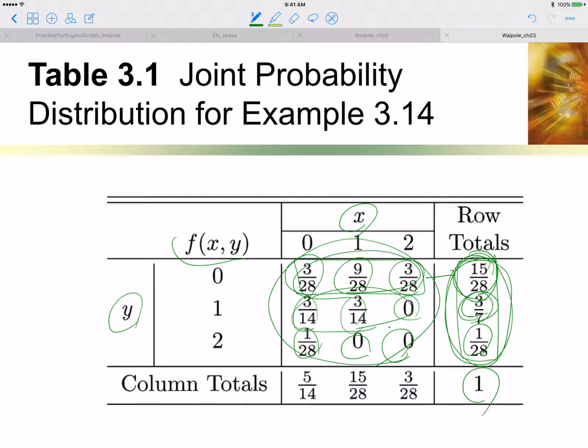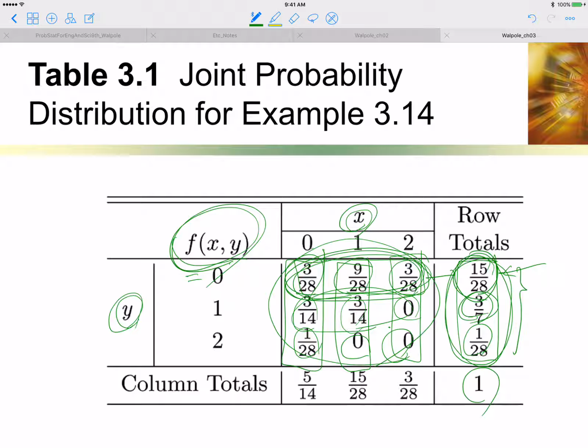Okay. And also we can consider these column sums. So we can just sum up those values per each column. Okay, so this is a joint probability distribution or joint density. And then for all these values, even though x changes from 0 and 1 and 2, in all these 3 cases, y still remained as 0, right?